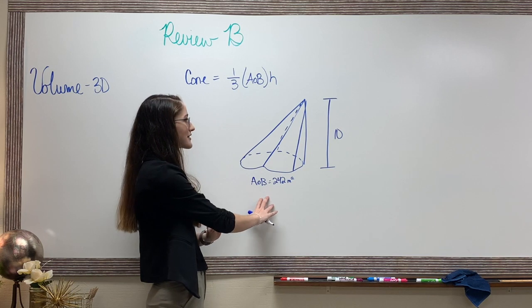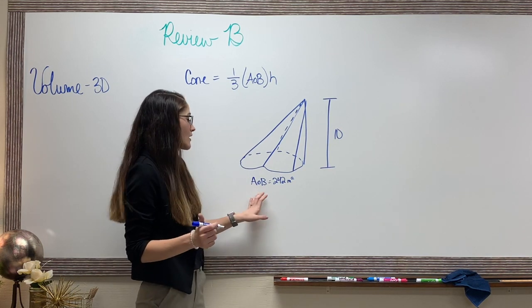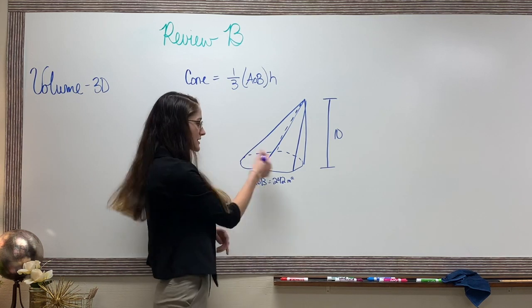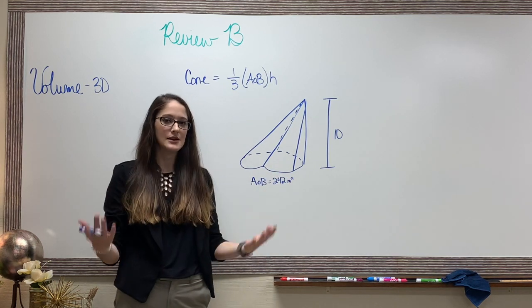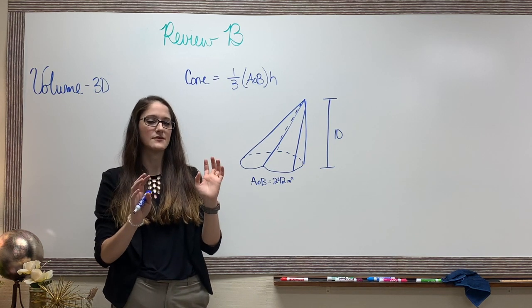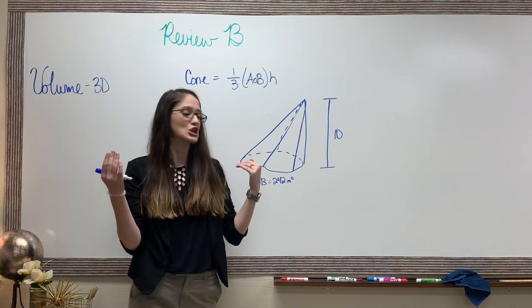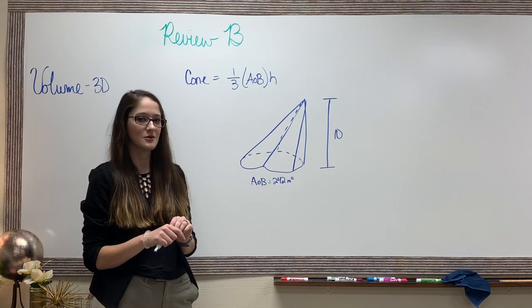So what I love about this example that your book gives you, example B4, is they already tell you the area of the base. Because this is a really weird base. It would take a lot of cutting and pasting to find all these different pieces of the area and add it all together. So in this case, they just tell you the area of the base is 242 meters squared.